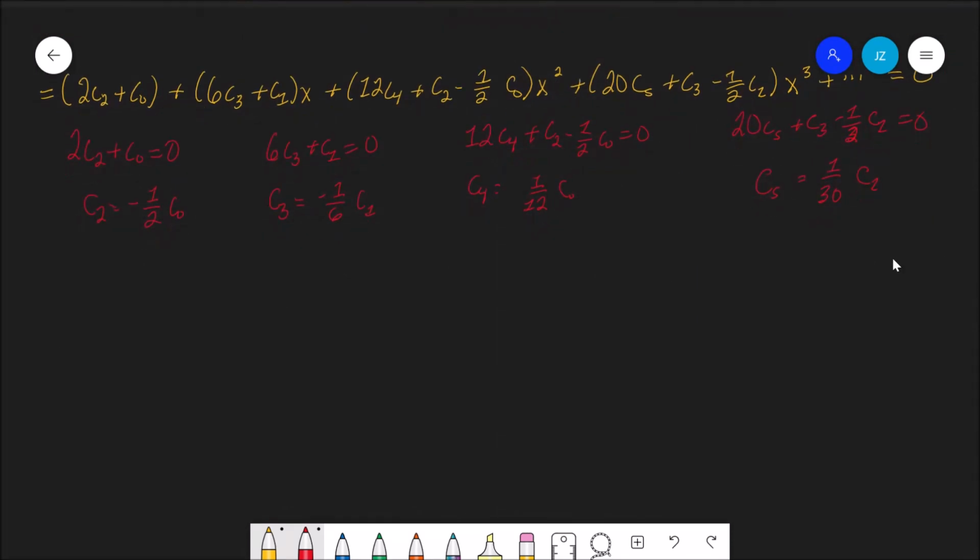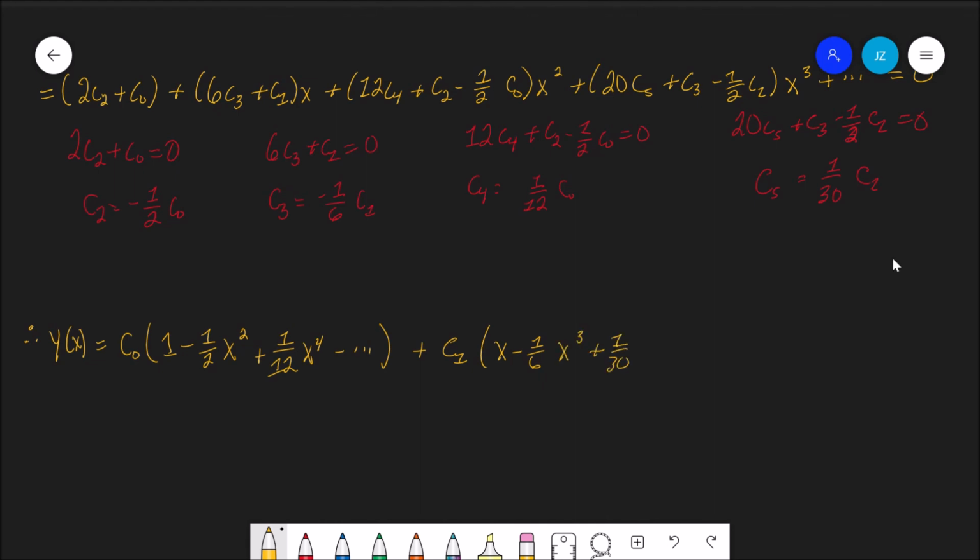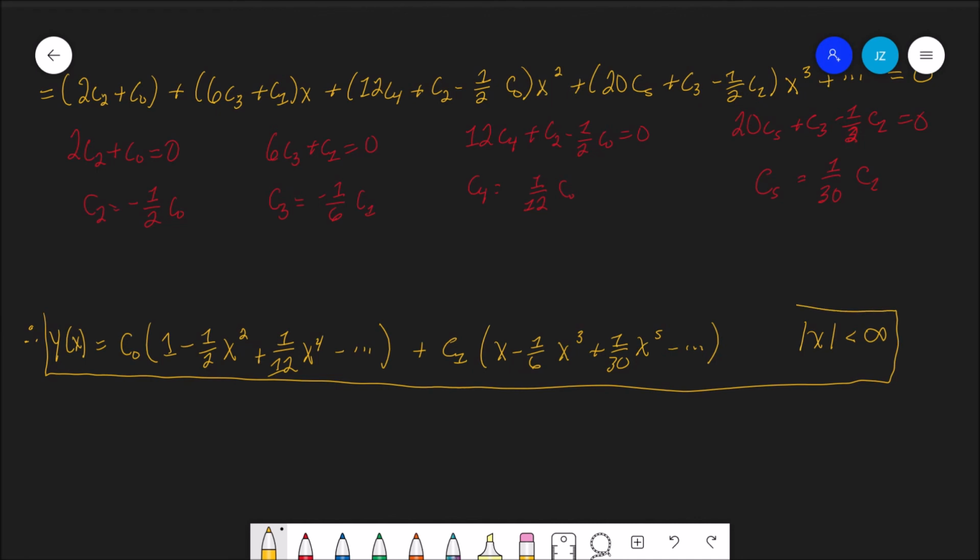With this, we will write a general solution of the form c0 times 1 minus a half x squared plus a 12th x to the 4th minus yada yada yada, plus c1 times the quantity x minus 1/6 x cubed plus a 30th x to the 5th minus yada yada yada, and the interval of validity is, of course, all real numbers.